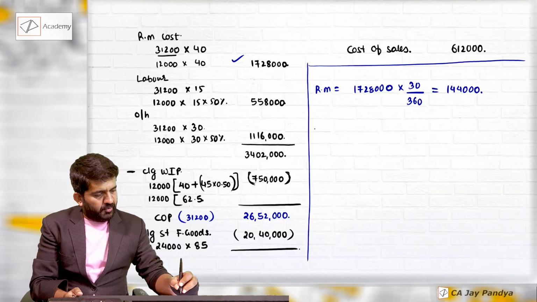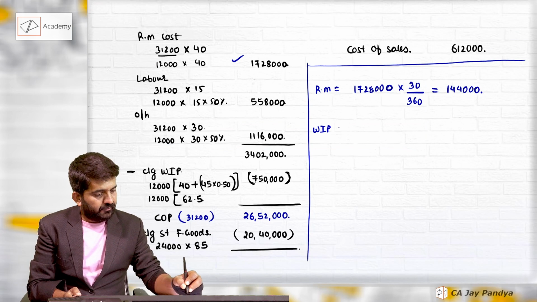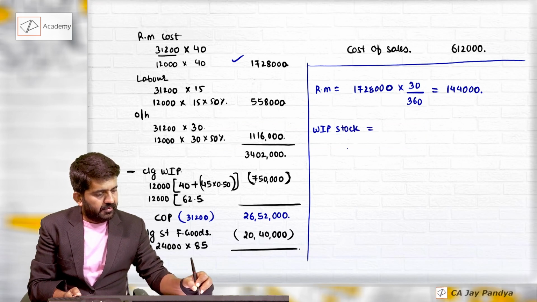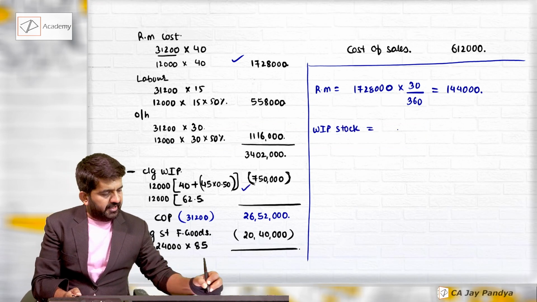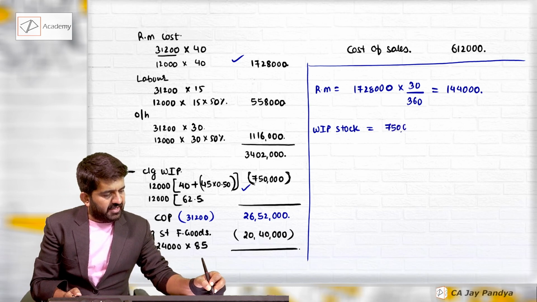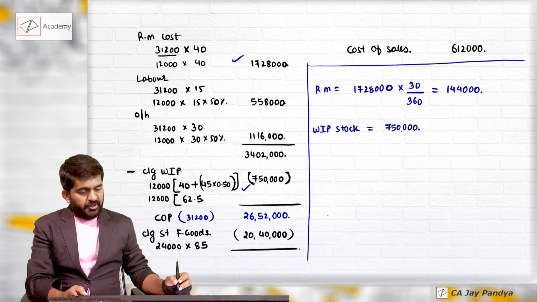Let us go to WIP. WIP stock we are already having, 7 lakh 50,000, so no need to find it out.